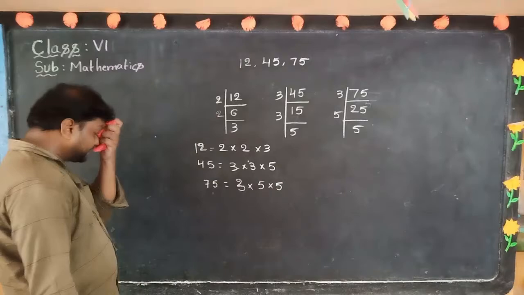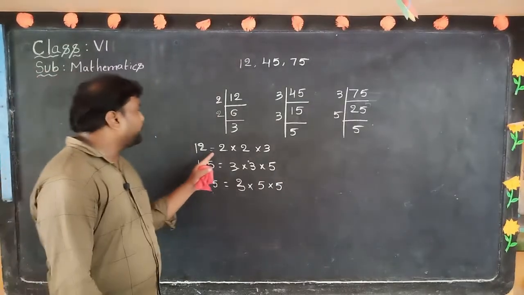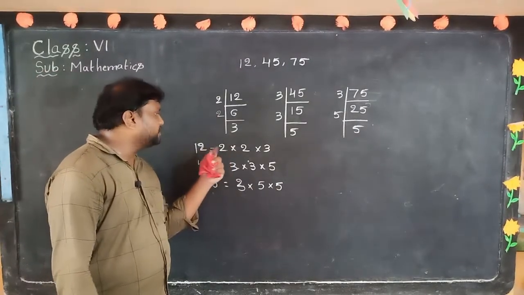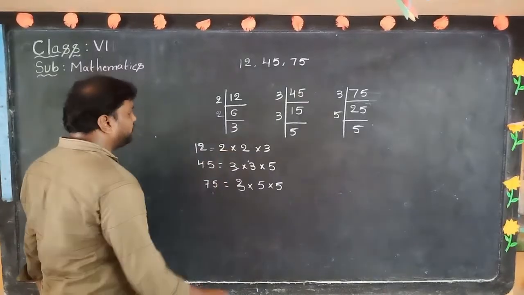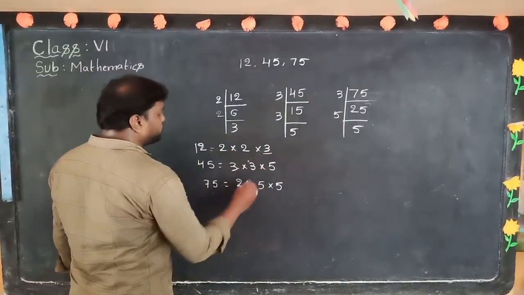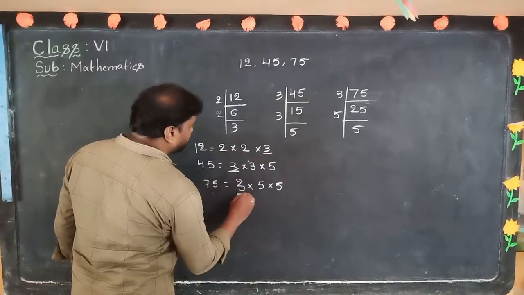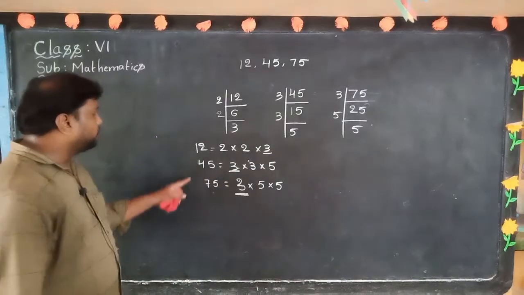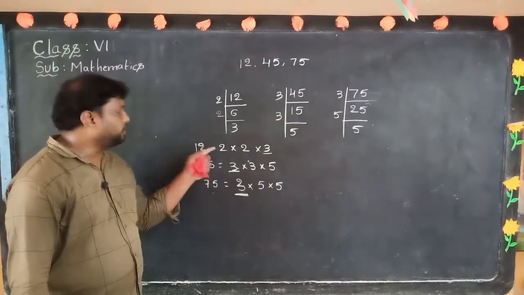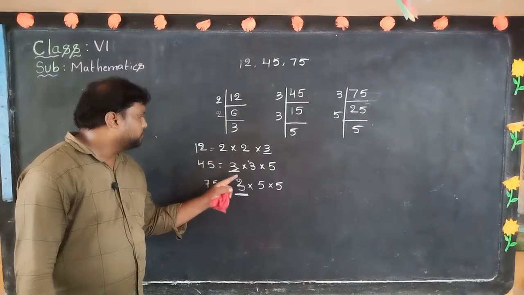Now just observe which is common. In the product of prime numbers of 12, what is common here? Only 3. Here also 3, here also 3. 5 is common between 45 and 75, but not 12.